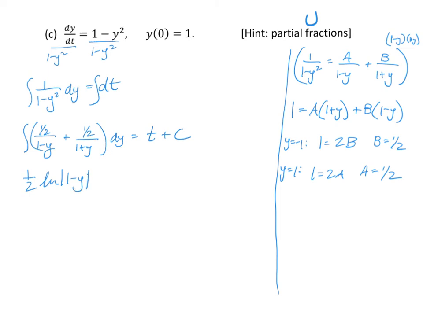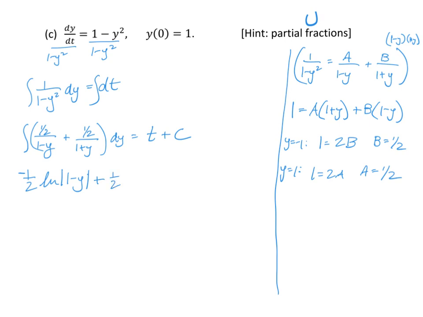And then you do need to take into account the chain rule here. If you were to take the derivative of what I just wrote down, we would need to get back to here. But what you would get is 1/2 times 1 over 1 minus y times negative 1 because of the derivative of the stuff. So I'm going to put a negative in front of this 1/2 to counteract that.